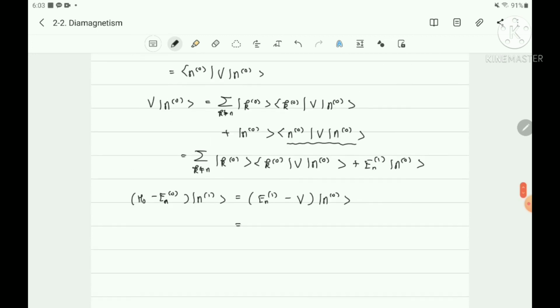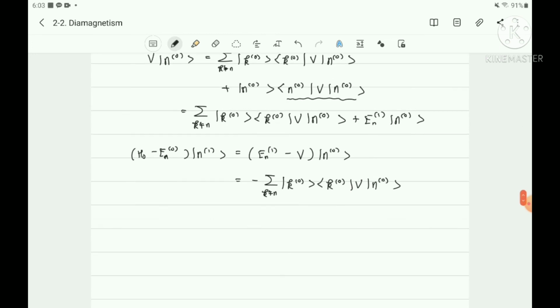Therefore, from the above, it is minus the summation for k not equal to n of k0 V n0. Let's suppose that En0 is not degenerate.